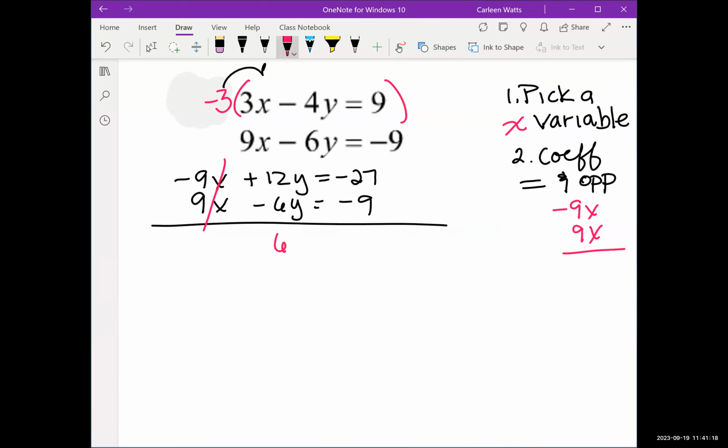Plug in and solve for X. I'm just going to plug into the top. 3x minus 4 times Y, which I just found out is -6, equals 9.